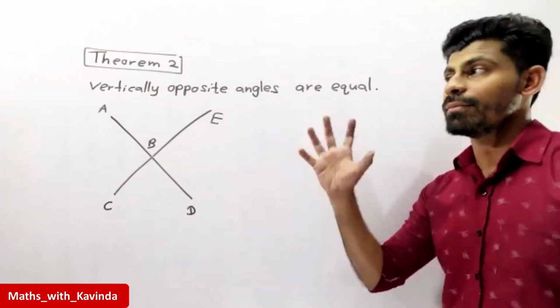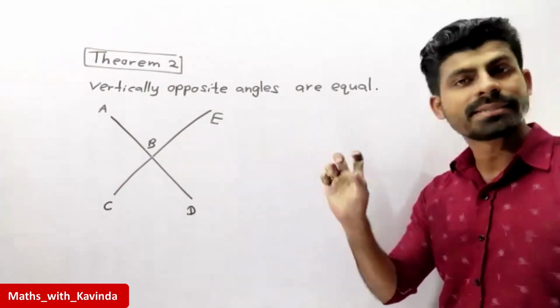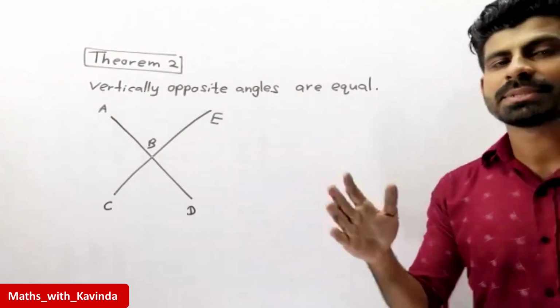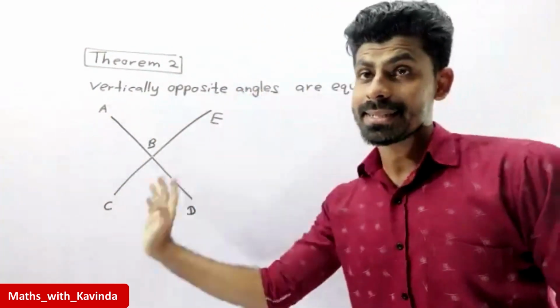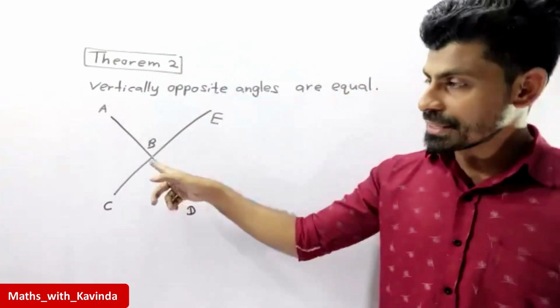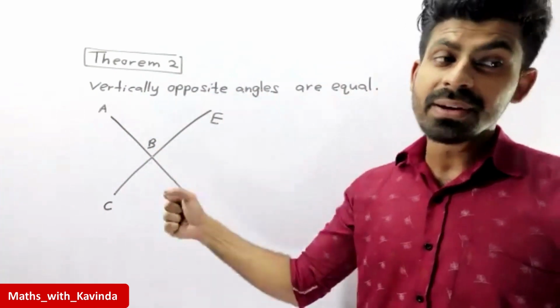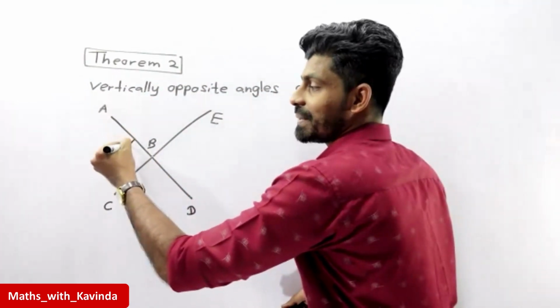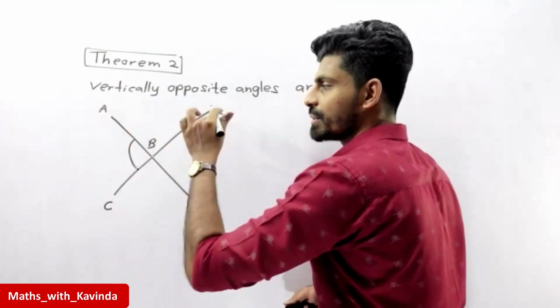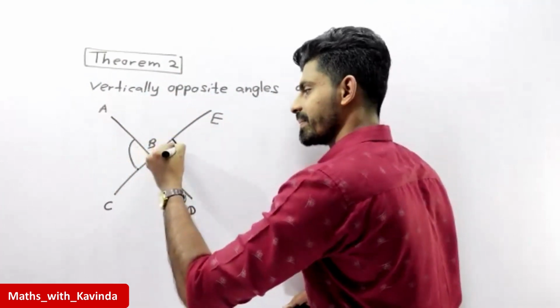Second theorem: vertically opposite angles are equal. Vertically opposite angles means if two straight lines are intersecting each other at B, that means ABC equals EBD.